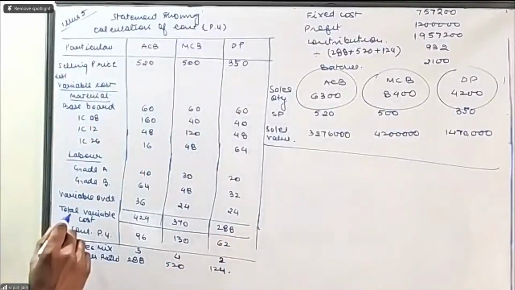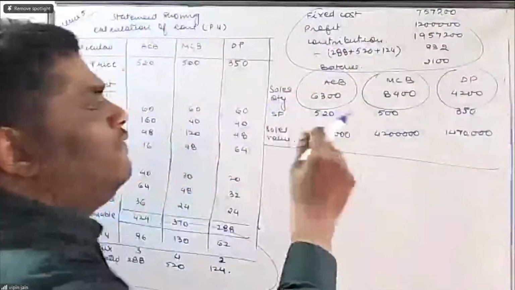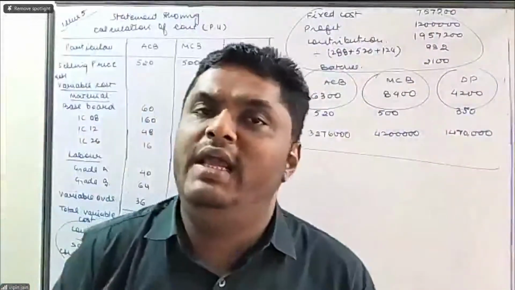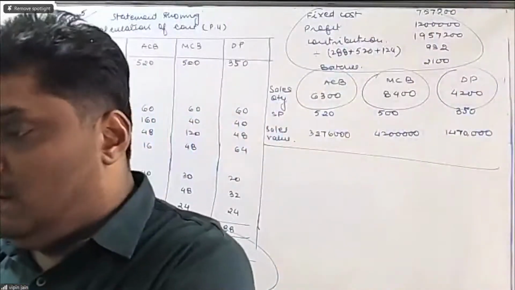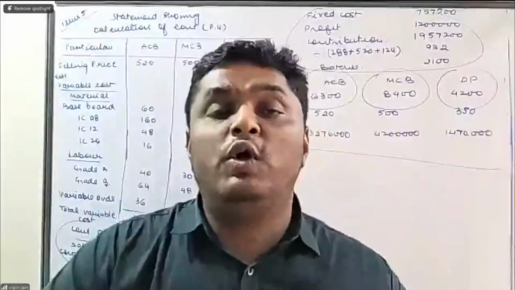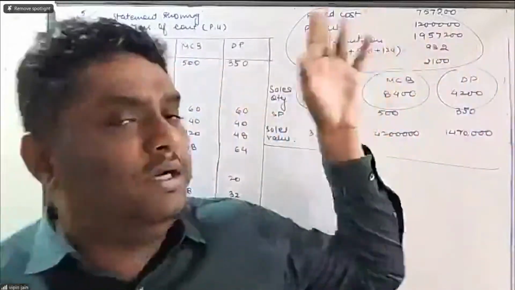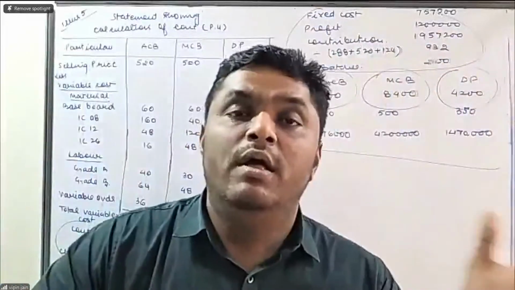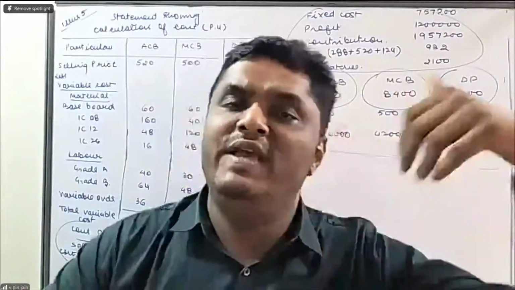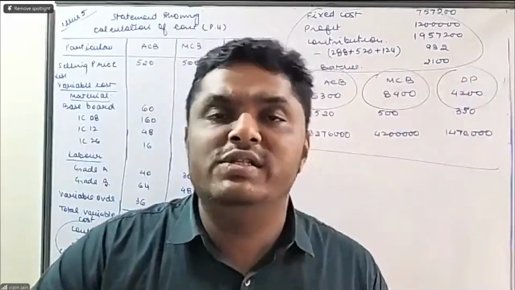Again, this concept, that is contribution and sales, I have already discussed in detail in marginal costing. The trick was, the first thing to calculate is the sales quantity, and no other way is possible. But yes, the sales mix is given. We can calculate the contribution per unit. Further, the total contribution also we can calculate.